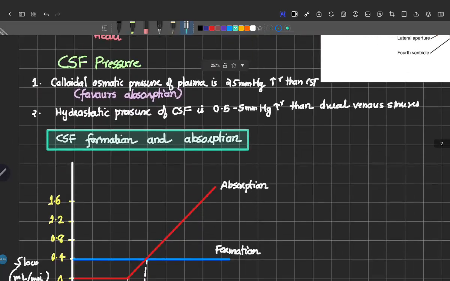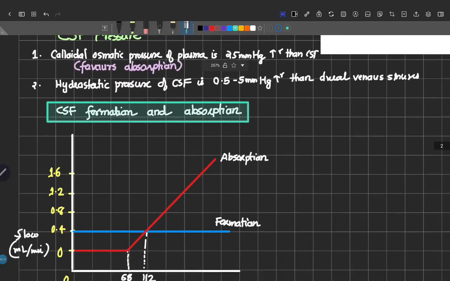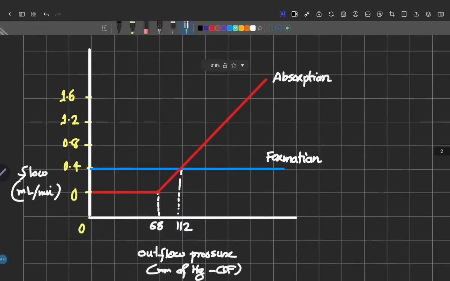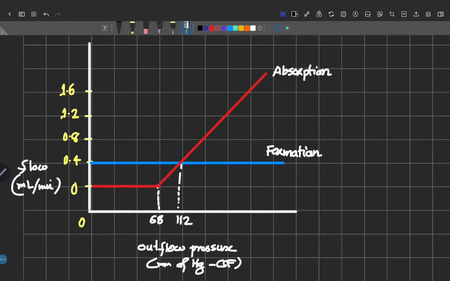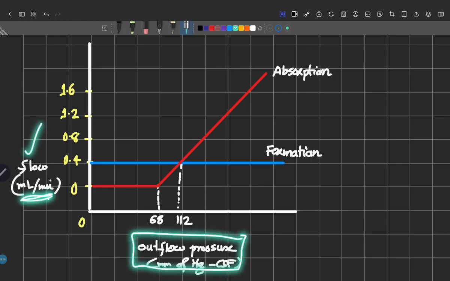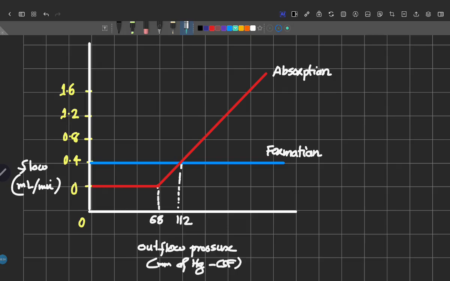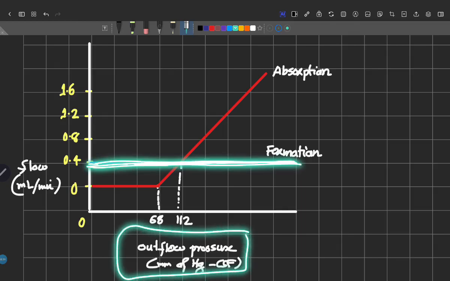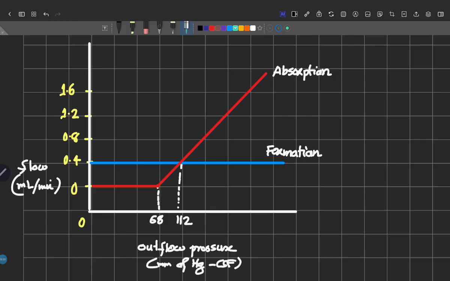Basically, CSF formation and absorption can be represented graphically by plotting flow in millimeters per minute against the outflow pressure of CSF in millimeters of mercury. As you can see, the formation of CSF remains stable and is unaffected by the outflow pressure, but the absorption flow stays constant up to 68 millimeters of mercury.